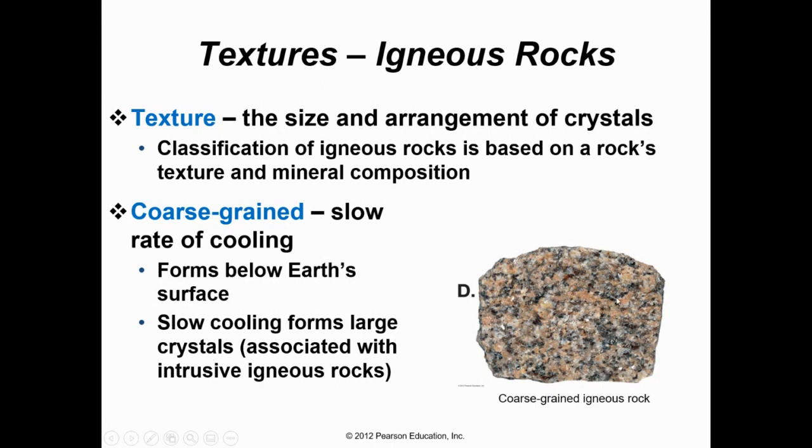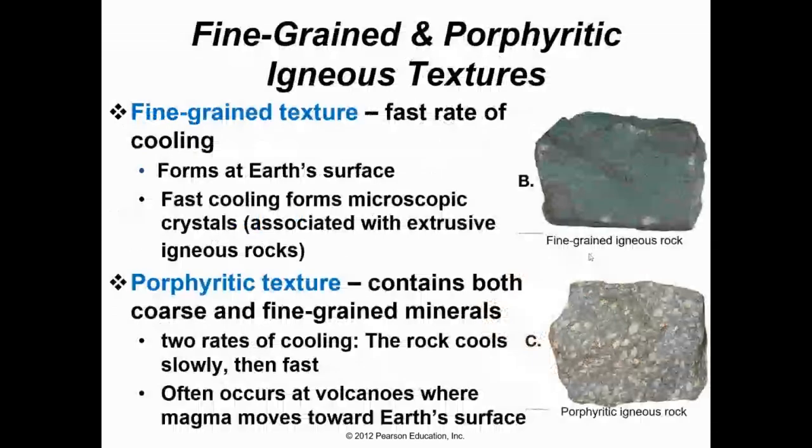Well, because the cooling rate is so slow, that gives those individual minerals plenty of time to grow larger in size. You'll see that when we look at the next texture, where they're fine grained, that's not the case at all. But with coarse grain, you have that slow cooling rate below the surface, which allows the mineral grains to grow large in size.